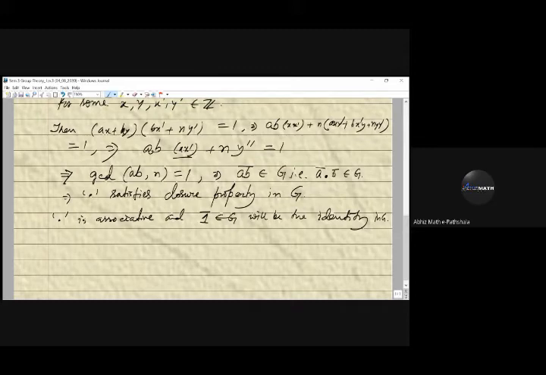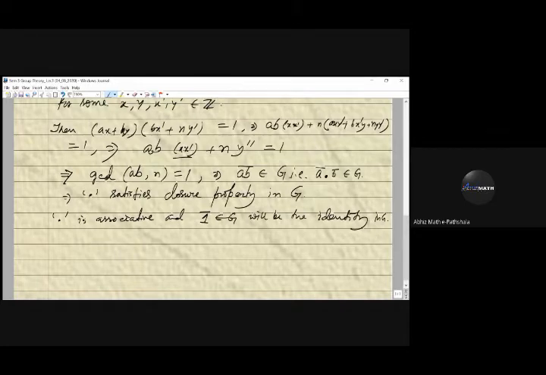And lastly, you need to check that for any a class belongs to G, this a class must have an inverse. But that part I have already proved in the last lecture, right? That a class belongs to Zn minus 0 class has an inverse if and only if GCD of a comma n is 1.